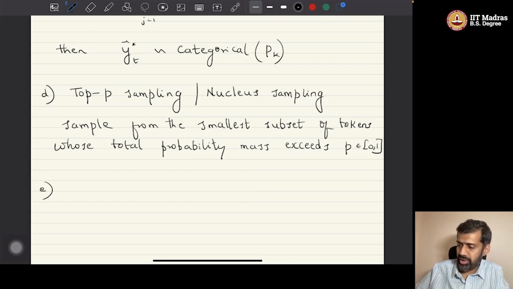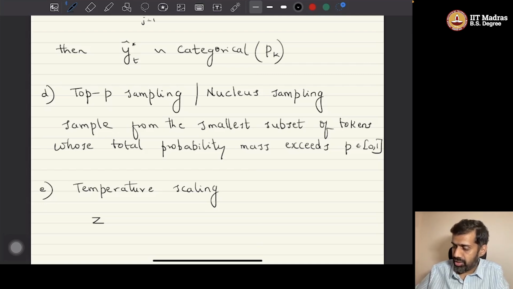So one other way to sample is by temperature scaling. Now what is done is, before the linear layer or softmax, just renormalize: call it z dash of t, equal to zt divided by capital T, where T is a hyperparameter called the temperature.